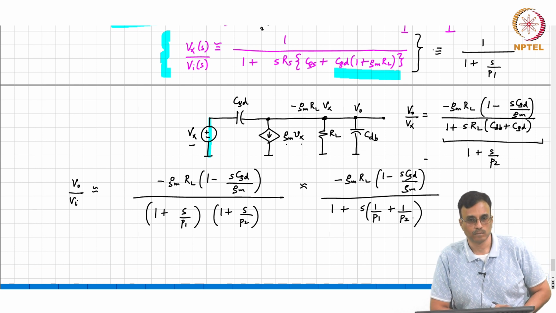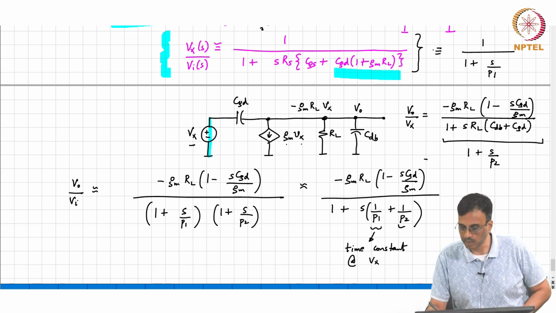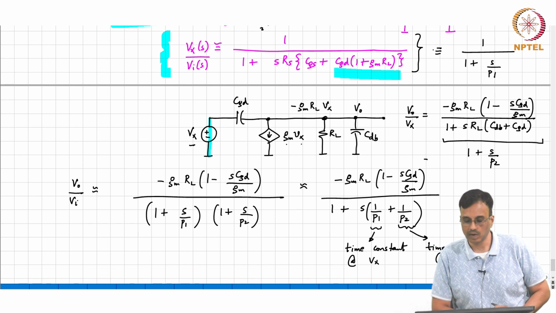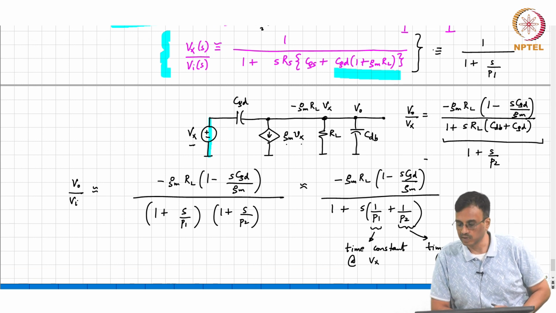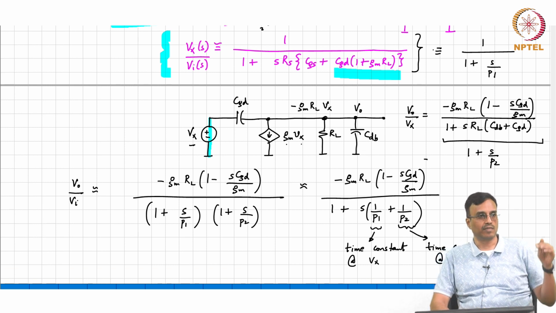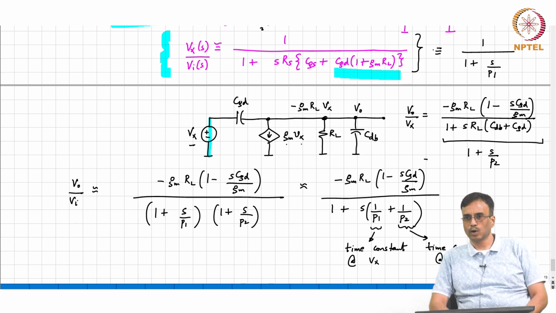Okay. And what is 1 over P1? This is the time constant associated with node Vx, and this is the time constant associated with node Vo. And of course, there is a zero. All right. So this is a good approximation to the frequency response at low frequency.